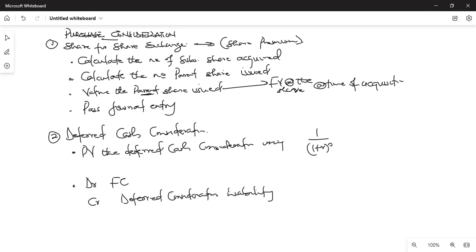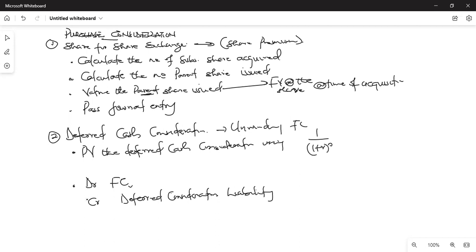So when you discount it, you see that it will give rise to what I said, unwinding finance cost. And that is what you see here. So that is that. Note that the adjustment does not really impact the fair value consideration. It does not impact it. So note that.